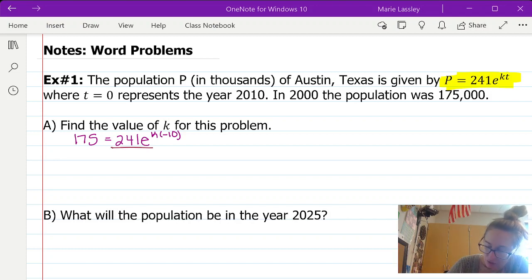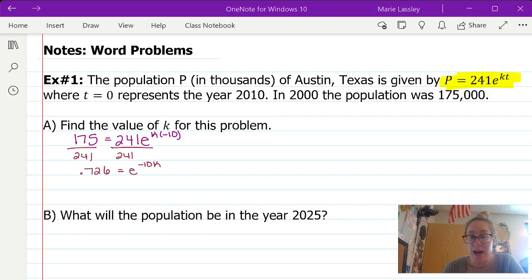So divide by 241. 175 divided by 241, so we get 0.726 equals e to the negative 10k. At this point, we're trying to get our variable by itself. We need to get it out of the exponent, so we're going to apply the inverse property.